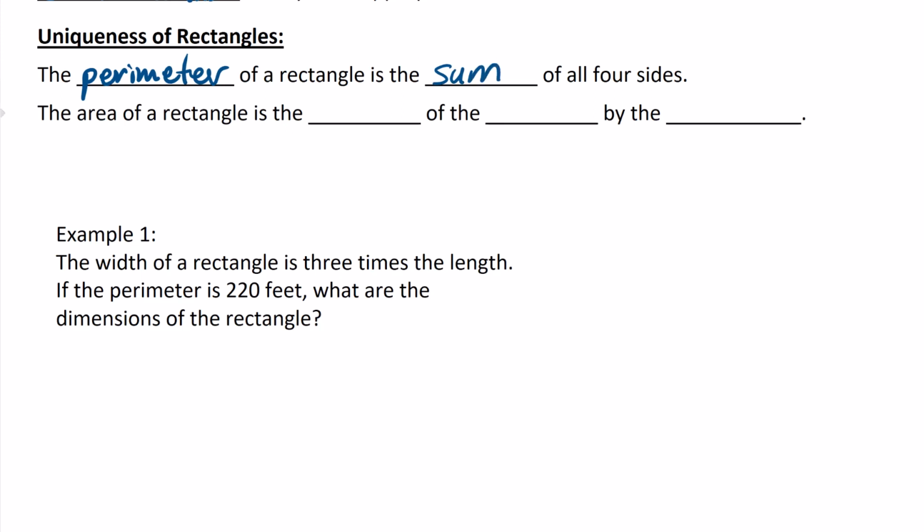The area of a rectangle is the product of the length by the width. Just keep in mind that this could be width by length, it's just the two sides.